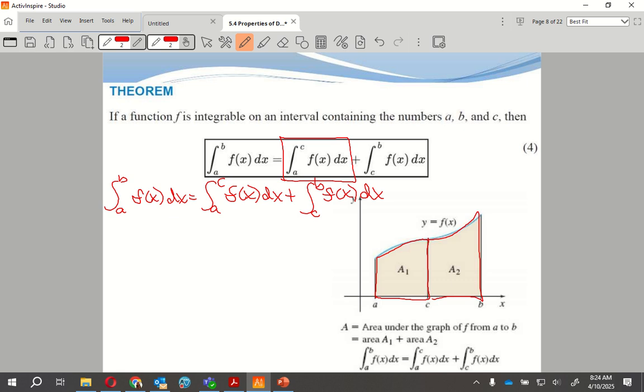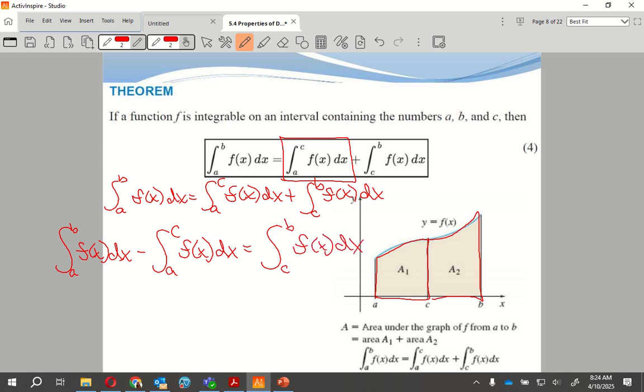Wouldn't this be the same as the integration of a to b of f of x dx minus the integration of a to c of f of x dx is equal to the integration from c to b of f of x dx?